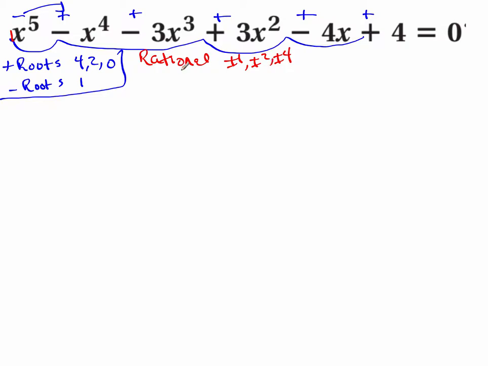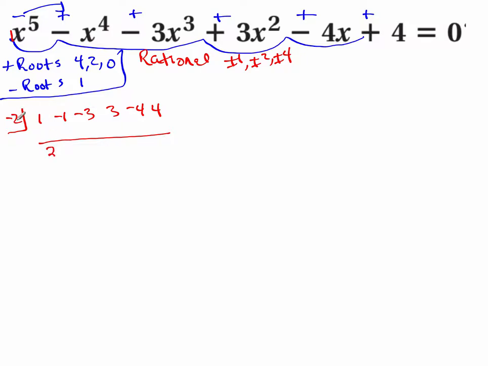So let me just start in the middle. Let me see if negative 2 is a root. So I'm going to use synthetic division. 1, negative 1, negative 3, 3, negative 4, 4. Let's see if this one is a root.